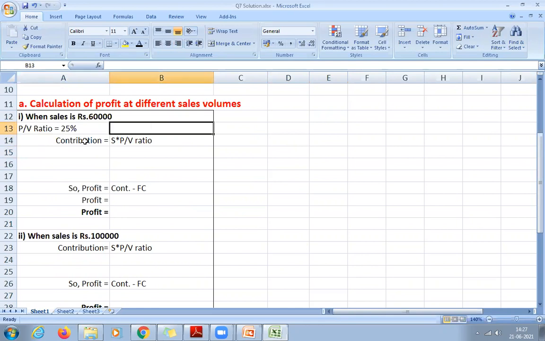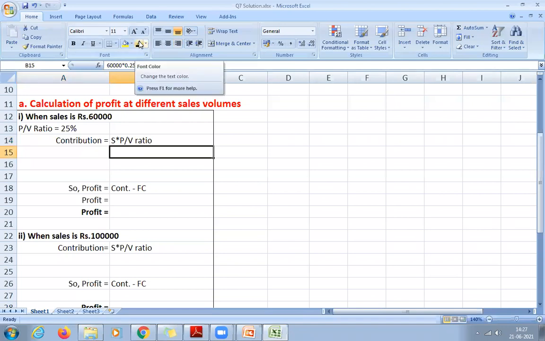New sales is 60,000, and the PV ratio we already calculated, we will use the same PV ratio, 25%. So let us calculate 60,000 into 0.25.